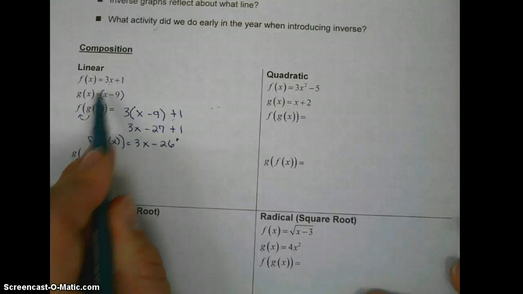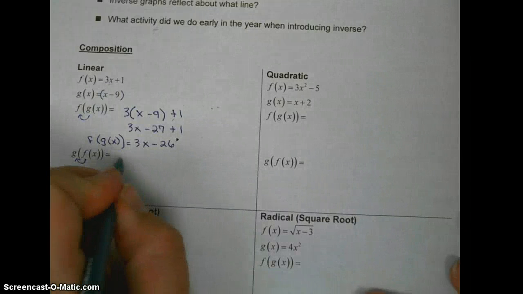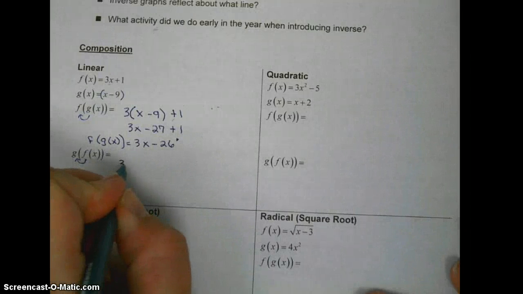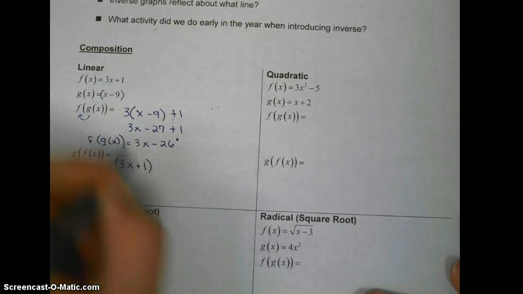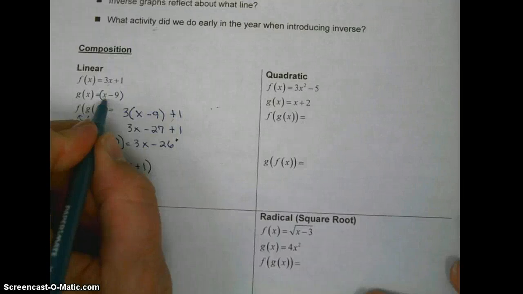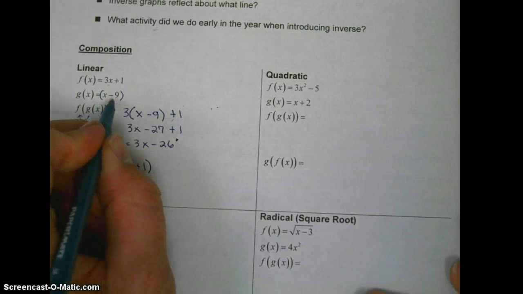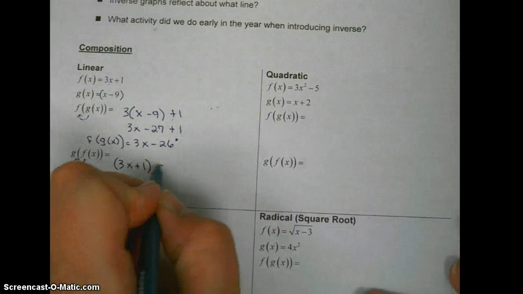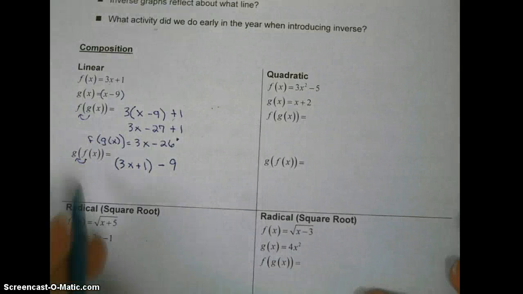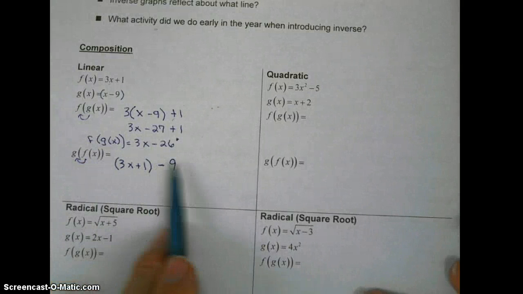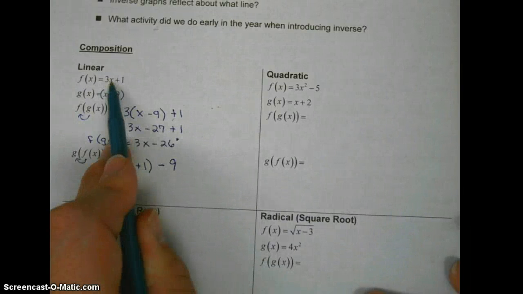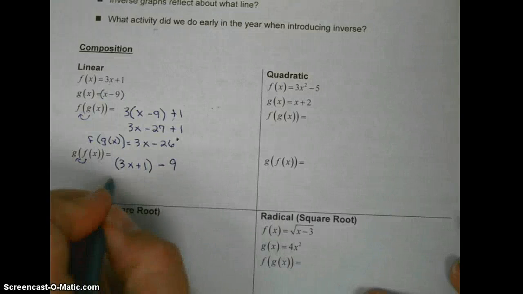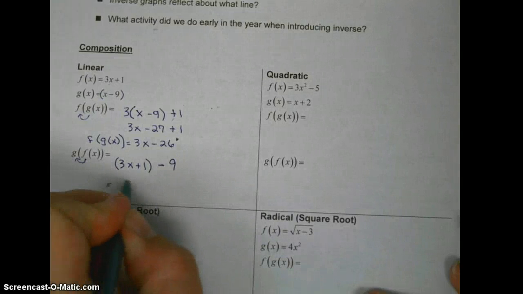Function f. So function f is going to go in. I'm going to move down a little bit here: 3x plus 1. So that function went in for x. Okay, let's keep going. Minus 9. Remember, the original function was x minus 9. So x came out, and 3x plus 1 goes in. Okay, so let's simplify it, and we're done.